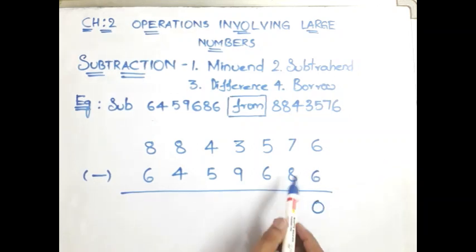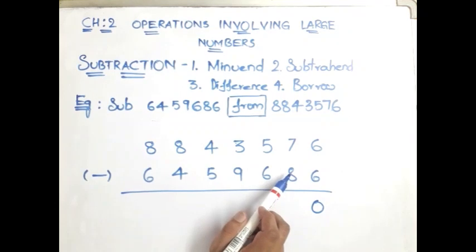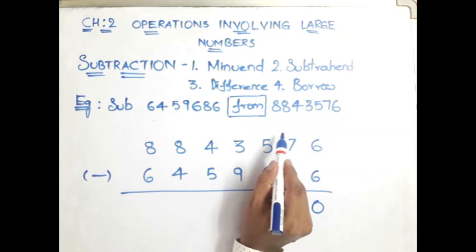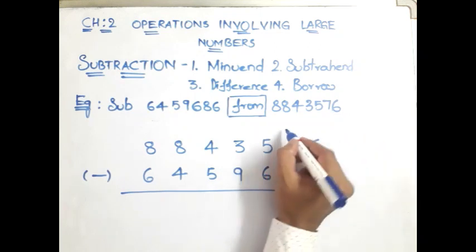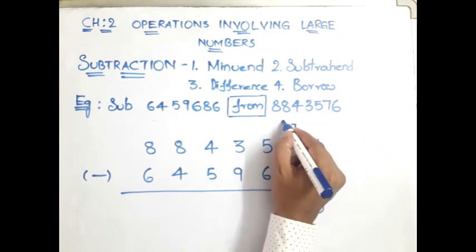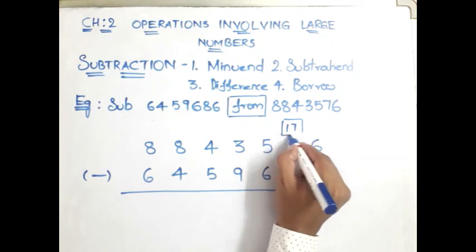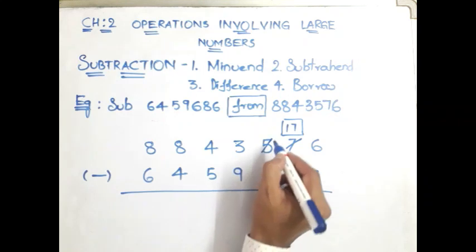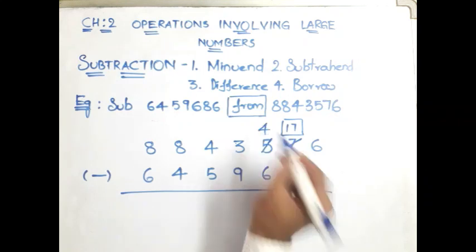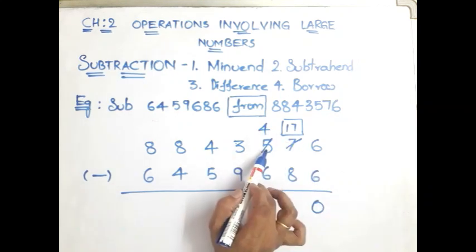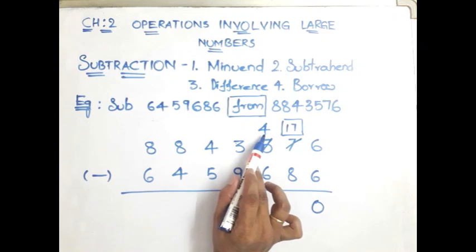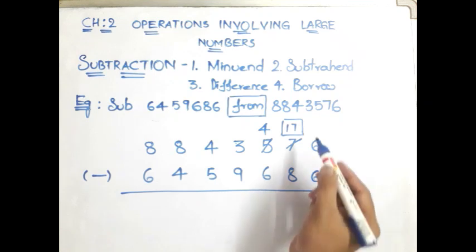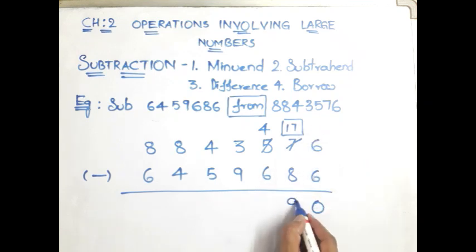As we can't subtract the bigger number from the smaller, what will you do? You will borrow 1 from 5. Then this will become 17, the new number. As we have given 1 from 5, it became 4. And the 1 we have given to 7 made it 17. Now, 17 minus 8, 9.